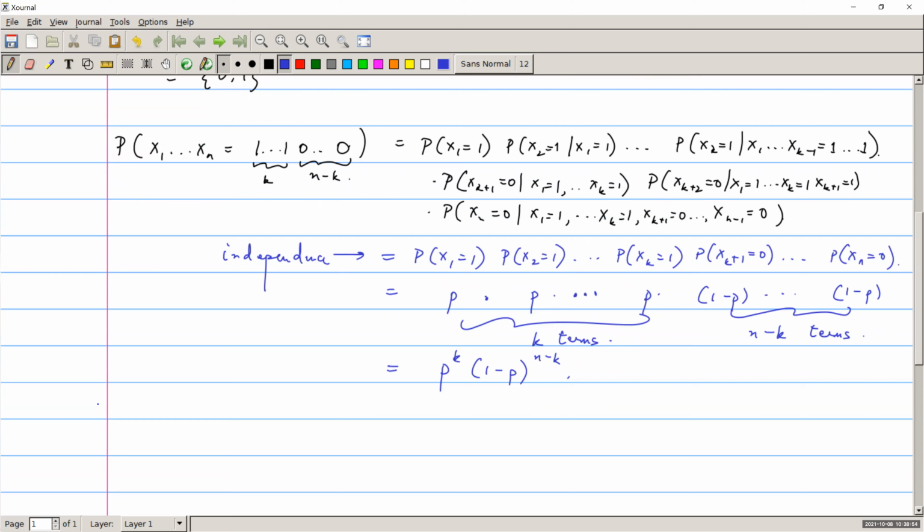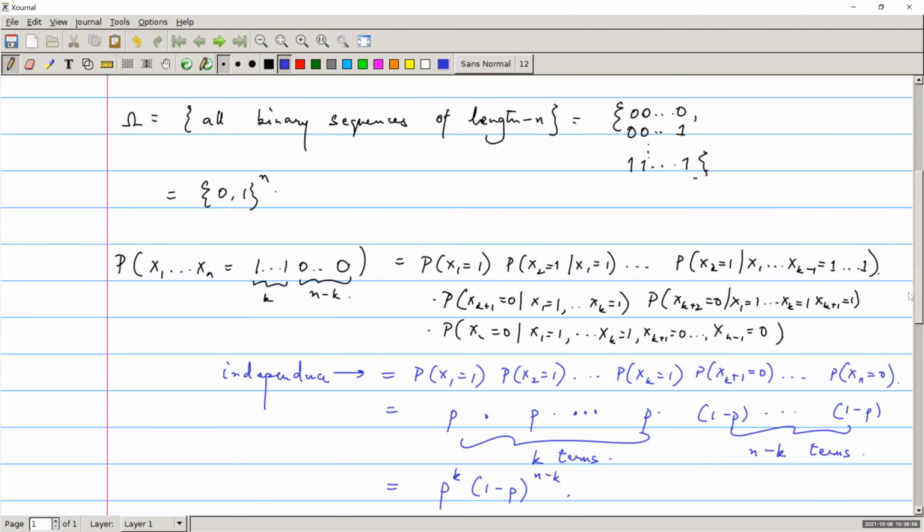While we haven't enumerated all these 2 to the n sequences and their individual probabilities, we have done something effectively similar. Any sequence we are given, we know how to write the probability. In that manner, we have written the probability of any point in the universe, any outcome in the universe. So is this clear?